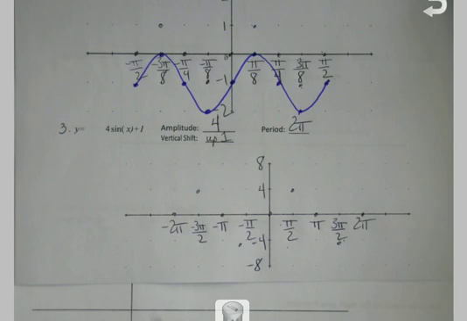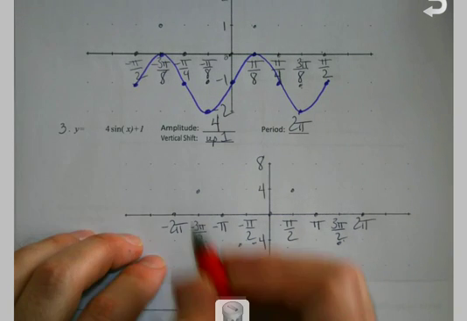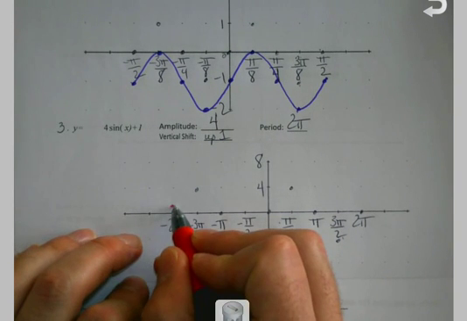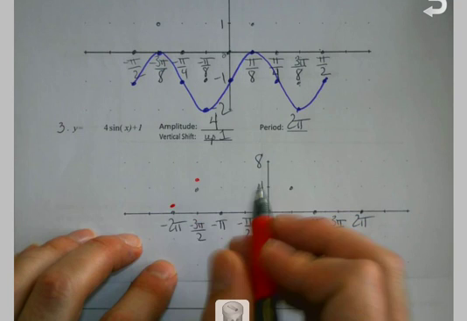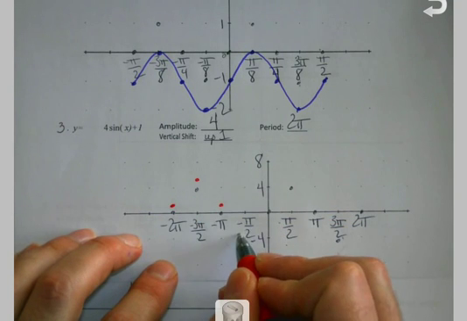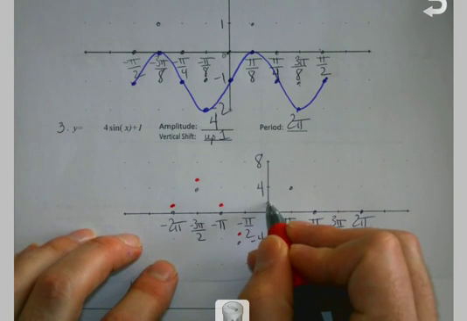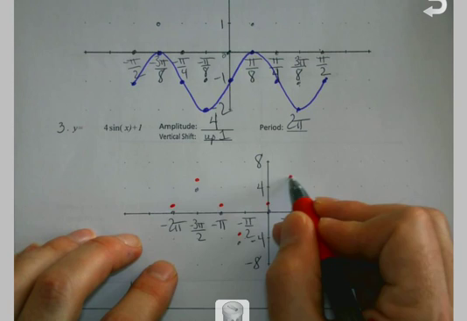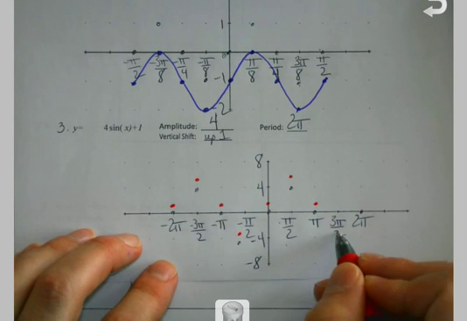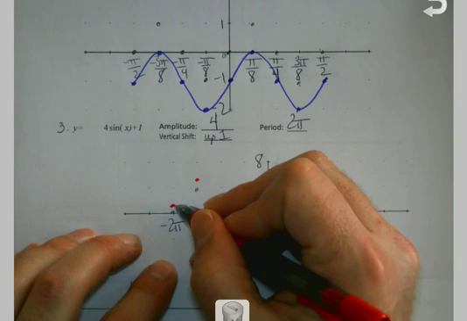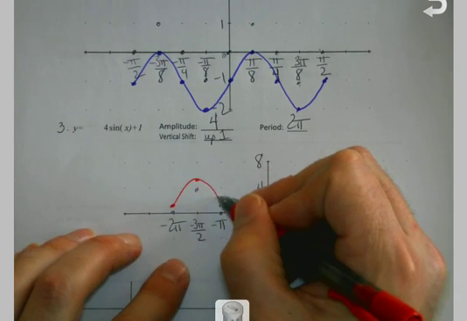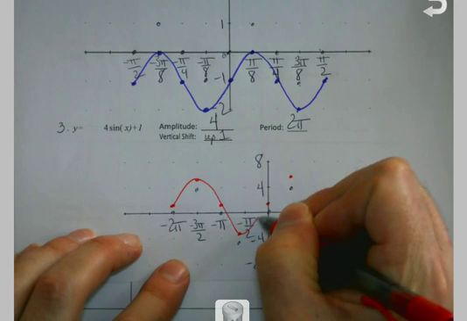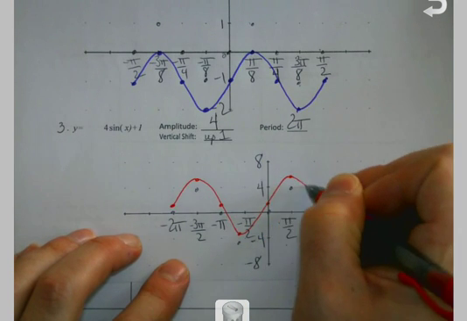Then again, I'm shifting up 1. Now up 1 in this case doesn't mean up 1 line, because that'd be 8. So again, you're just going up a little bit. So my max is a little bit higher.